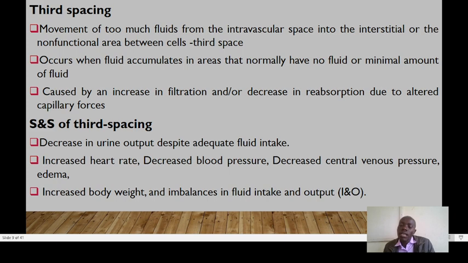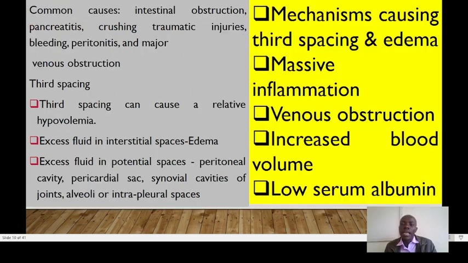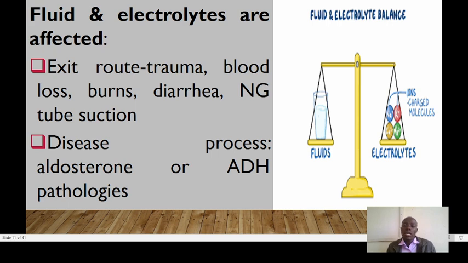They will also have increased body weight and imbalances in fluid intake and output. The major causes could be massive inflammation, venous obstruction, increased blood flow, or just low serum albumin.